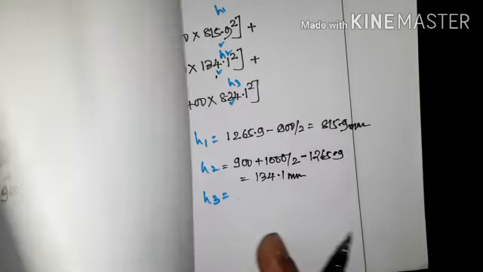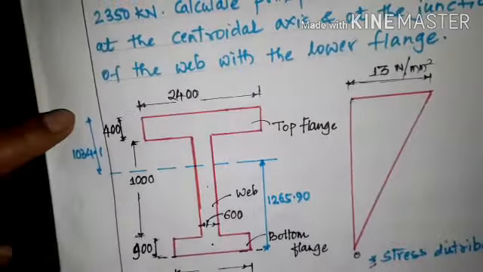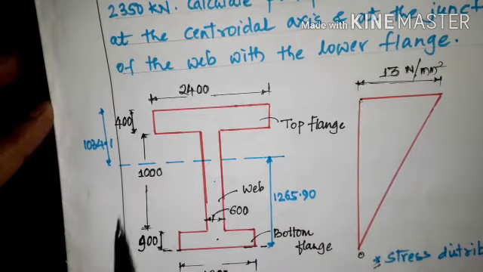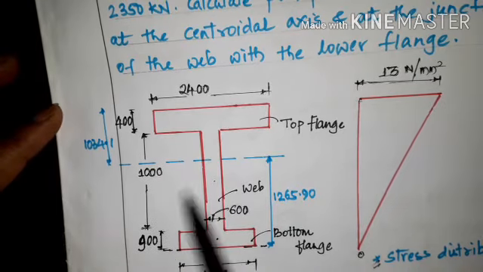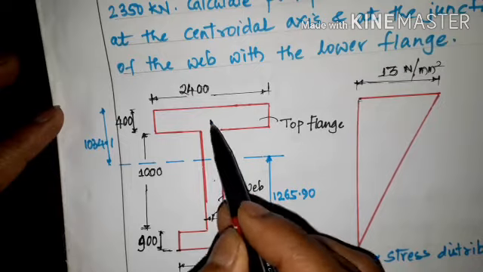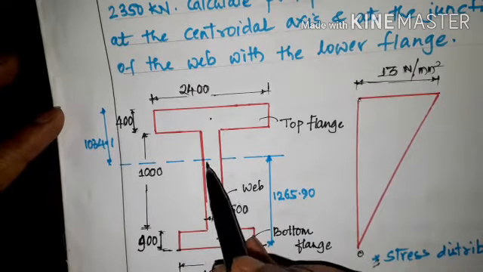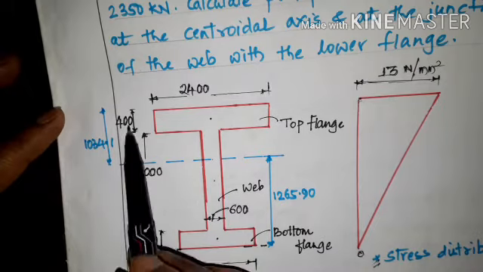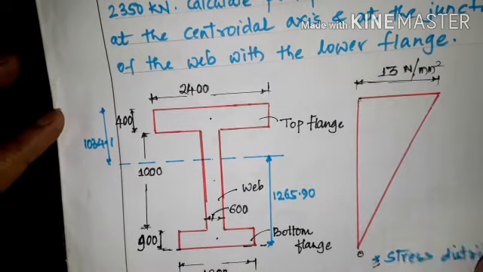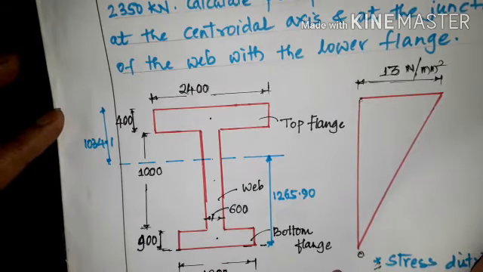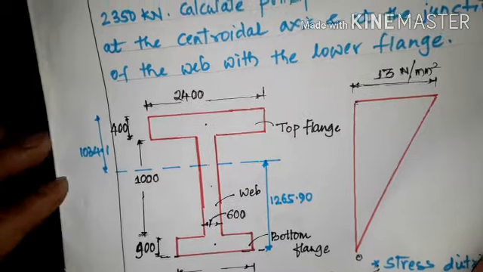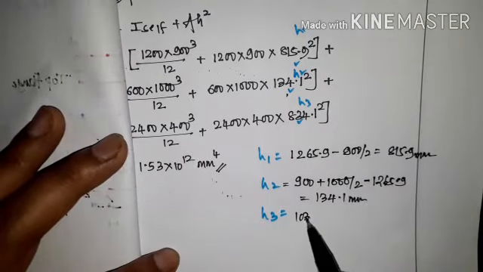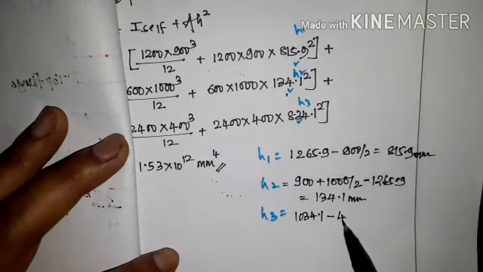And then h3: we directly know the centroidal distance from the top flange, that is 1034.1. So h3 is the distance from the center of the top flange to the centroidal axis, so 1034.1 minus 400 by 2.